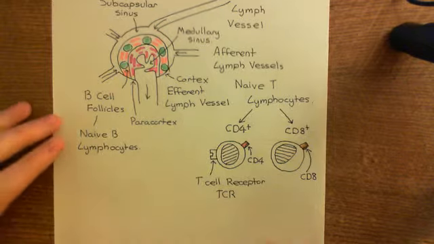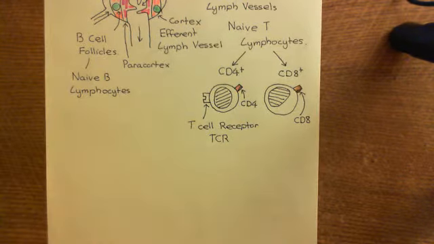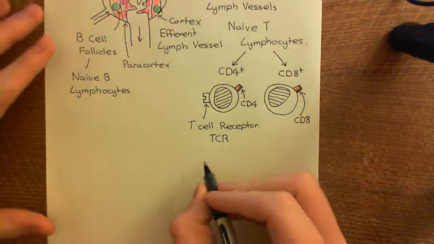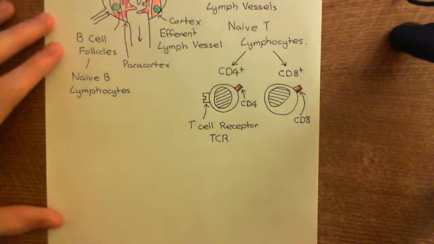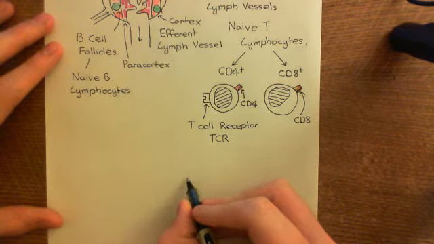Okay, so it will have to search for quite a while, because there are a lot of CD4 positive naive T lymphocytes, and not all of them will have T cell receptors that are going to bind to your antigen, so it needs to search and search and search for a T cell which is a match. But let's now talk about what happens when it finds a CD4 positive naive T cell that is a match.